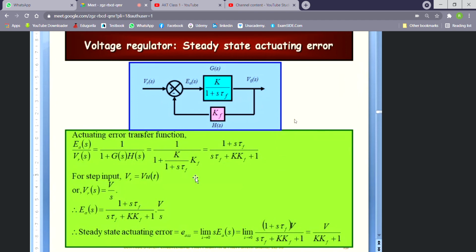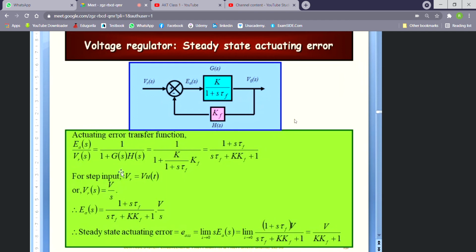So now, for a step input, let us say that the amplitude of the step is capital V, so that VR(s) is equal to V by s. This V over here indicates an amplitude, a constant, not the notation for the variable, the voltage.